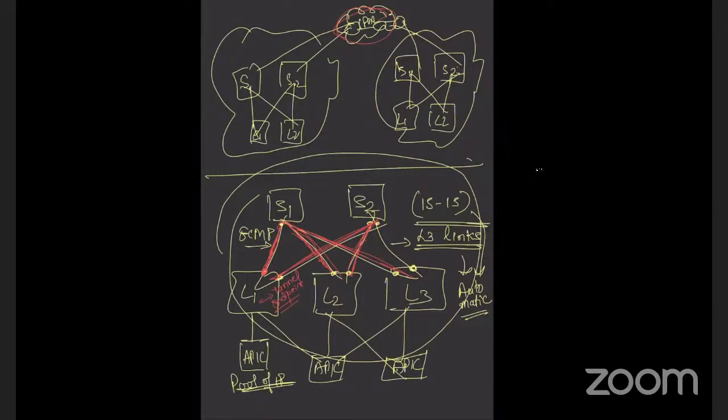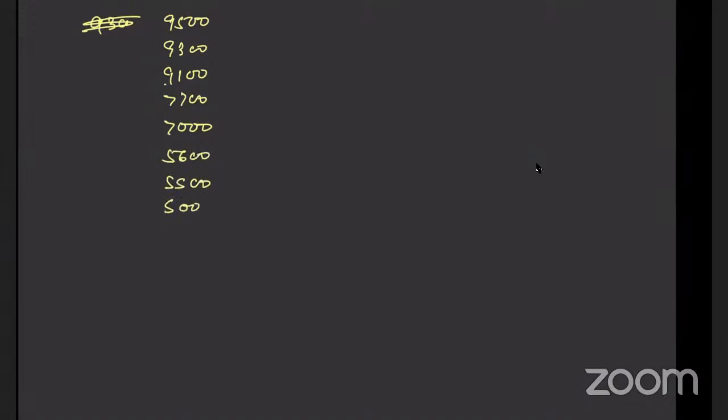So NEXUS, again, in the NEXUS, you will have a lot of series. If I talk about NEXUS series, you will have 9500, 9300, 9100, then you will have 7700, 7000, 56, 55, 5000, 4000, 35 also there, 34, 33, 3000.